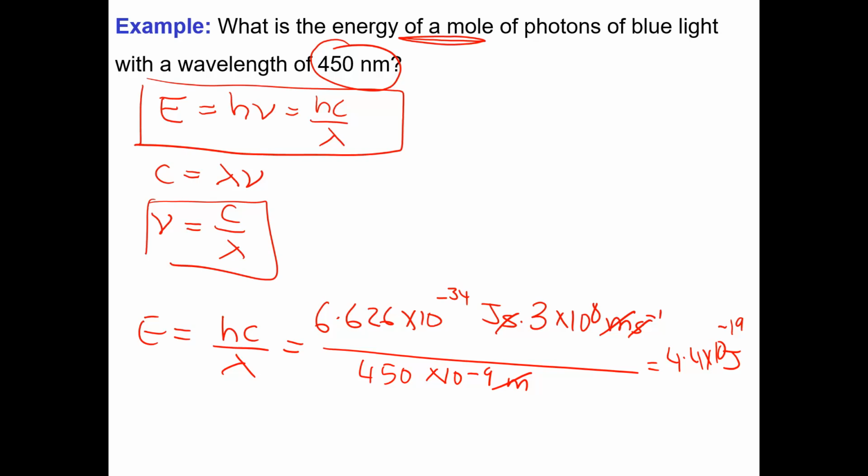And that's pretty typical for a single photon. One photon will have an energy normally around 10 to the minus 18 to 10 to the minus 19 joules. That's not uncommon. Now, we do need to be aware that it asks for a whole mole of photons. So this is for one photon. So for a whole mole, we've got a whole Avogadro's number of photons.